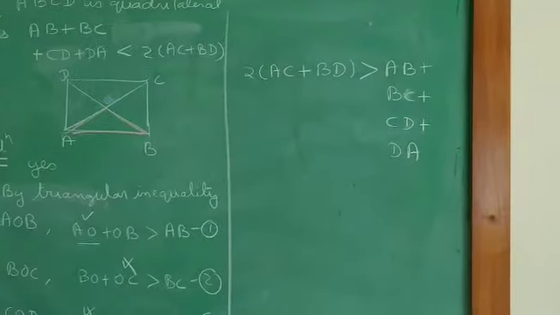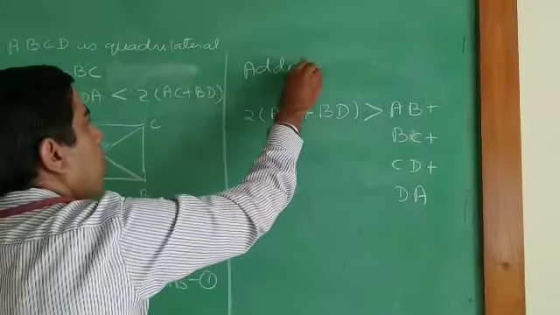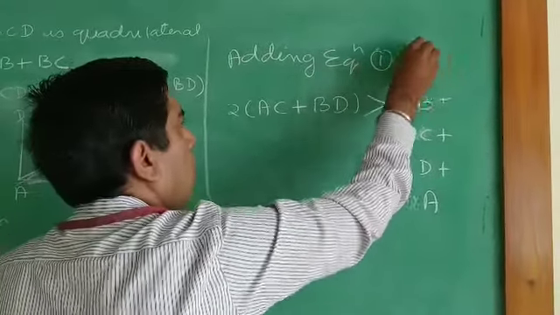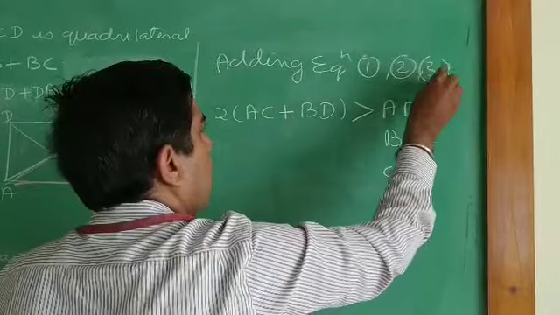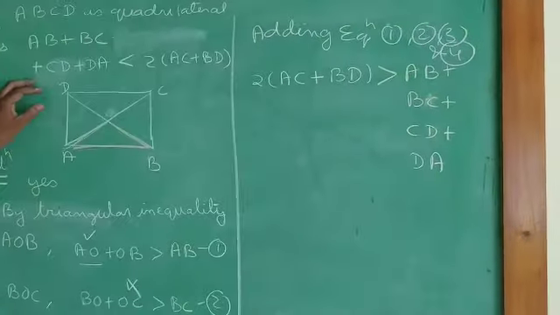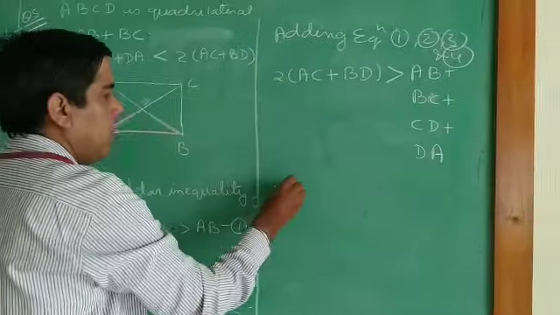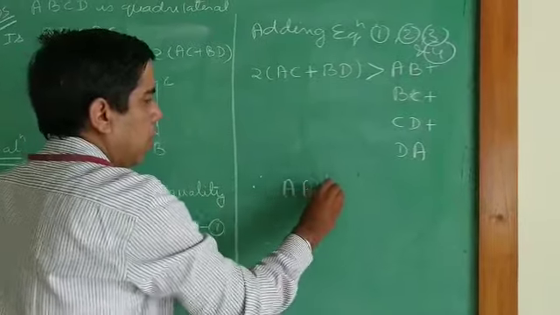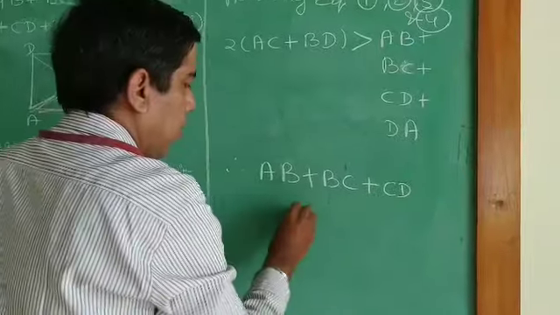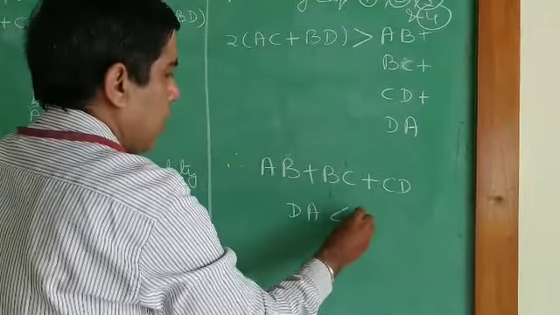Now you write here adding equations 1, 2, 3 and 4. Now you can see I got the result, and this is the same result, but here the sides are different. Therefore we can write AB plus BC plus CD plus DA, and this I am going to write here. So it comes less than.